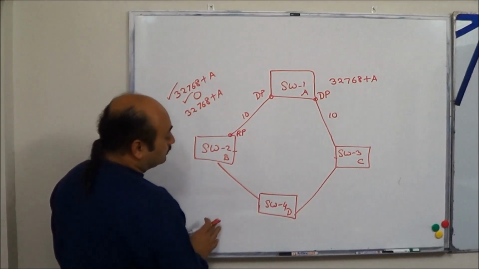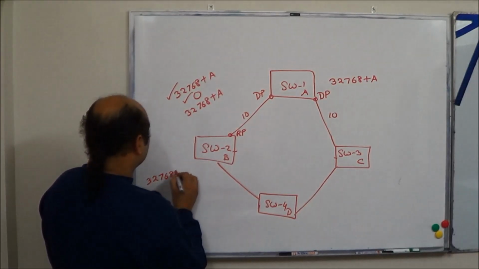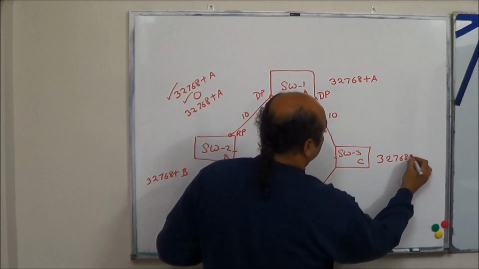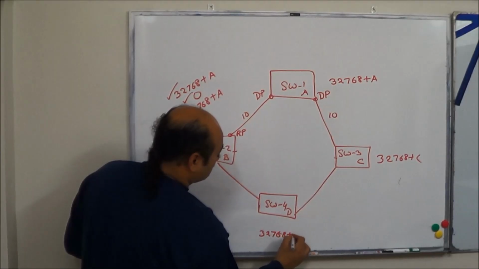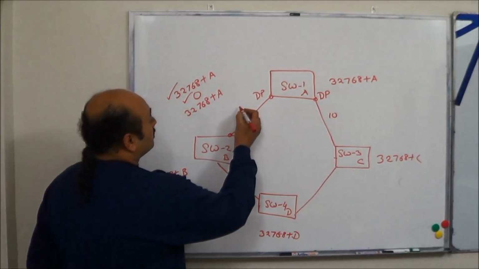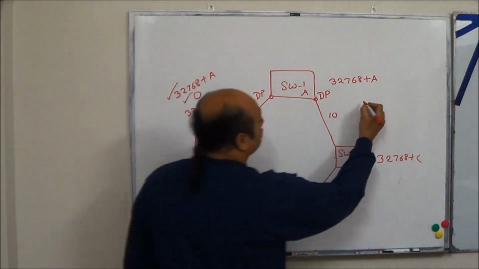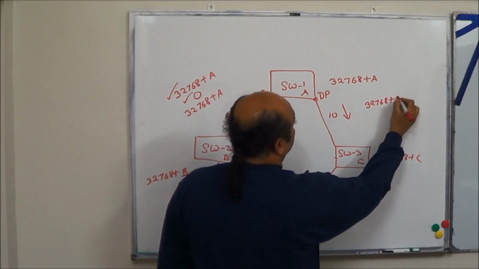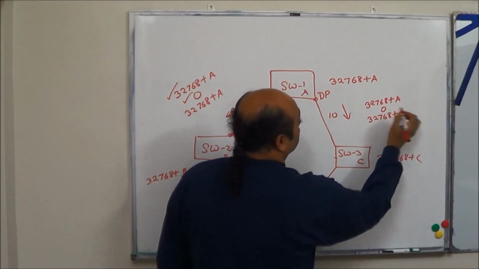The bridge ID for this was 32768 plus B, 32768 plus C, likewise plus D. This is what it sends here. Similarly, it sends it here: plus A, RPC 0, 32768 plus B.